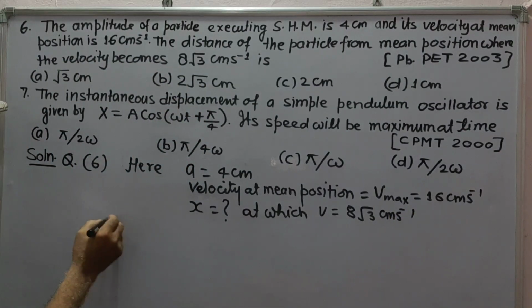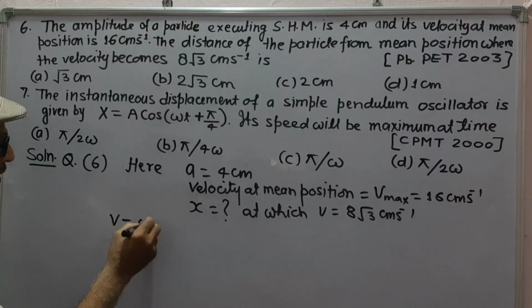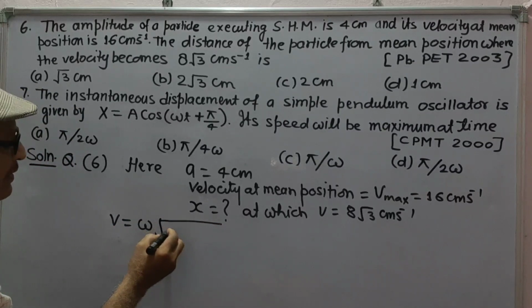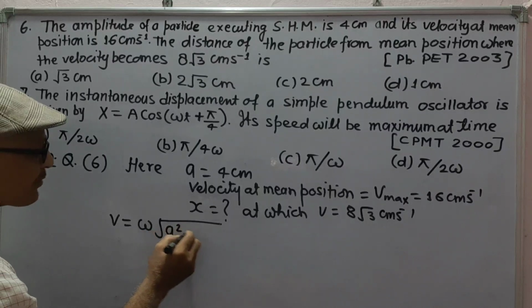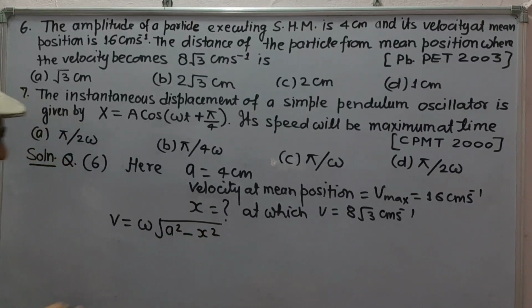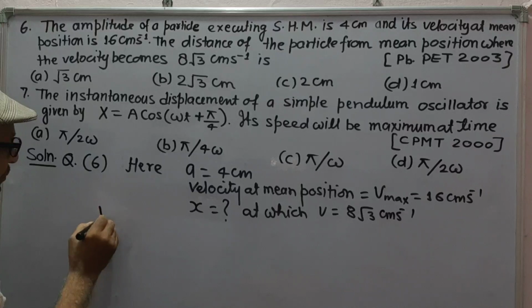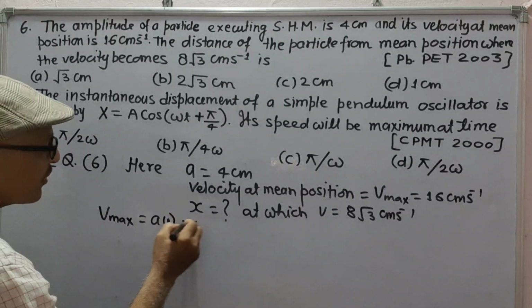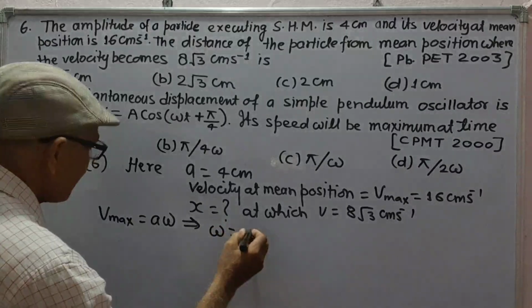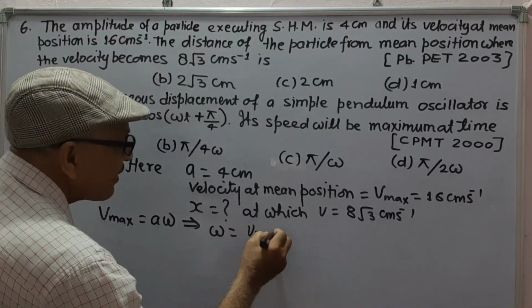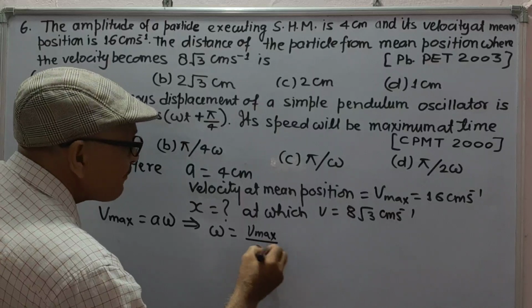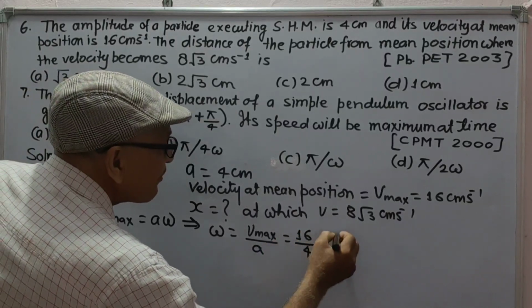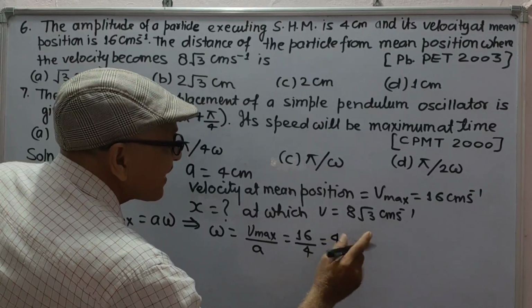Now from velocity formula, v is equal to omega under root a square minus x square. Now v maximum is equal to A omega, which gives omega as v maximum upon A, that is 16 upon 4, that is 4 radian per second.